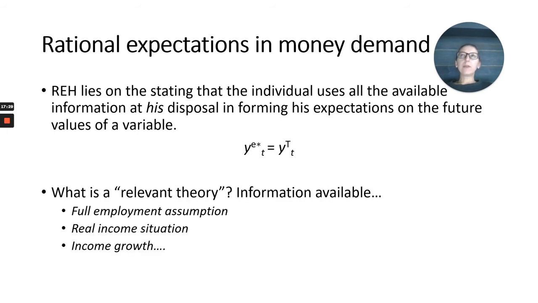And here the discussion, which is the most difficult when we talk about rational expectations, is that different people may form different expectations based on the same rational expectations hypothesis. And that happens because of the fact that people have different information available.